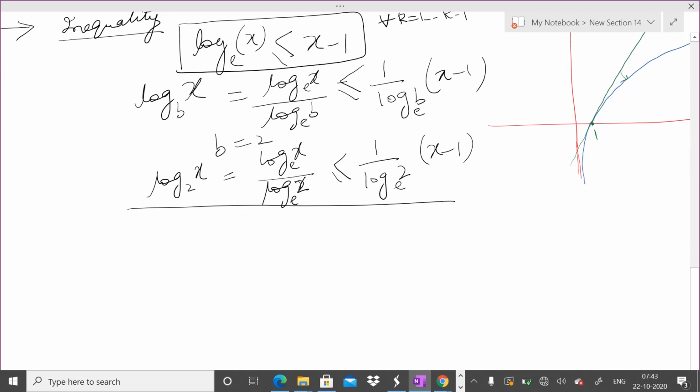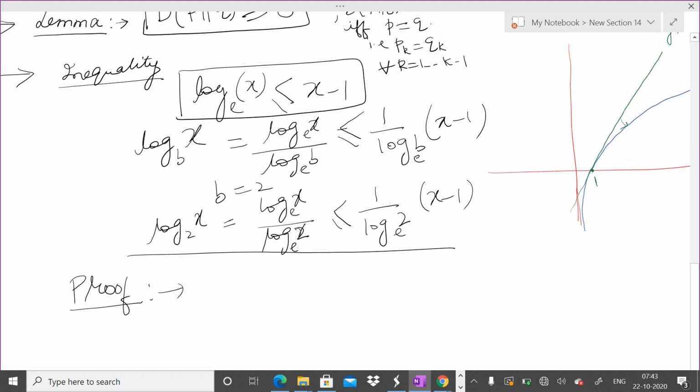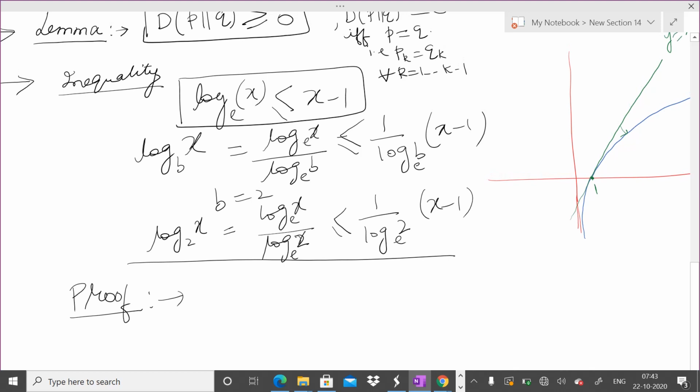Now the first thing is we will start the proof of the lemma. Now here it goes. D of p q is defined as the sum over k of pk log of pk by qk, correct.